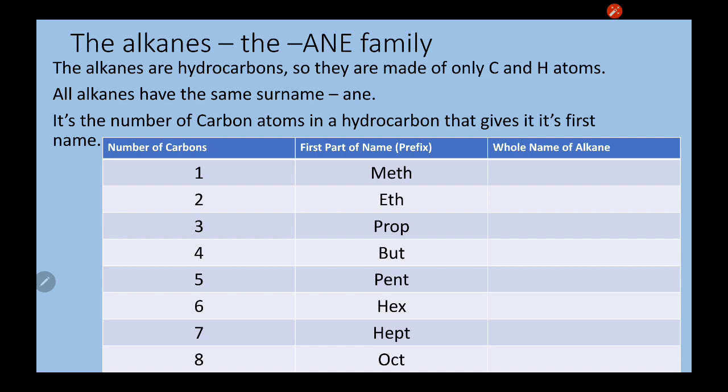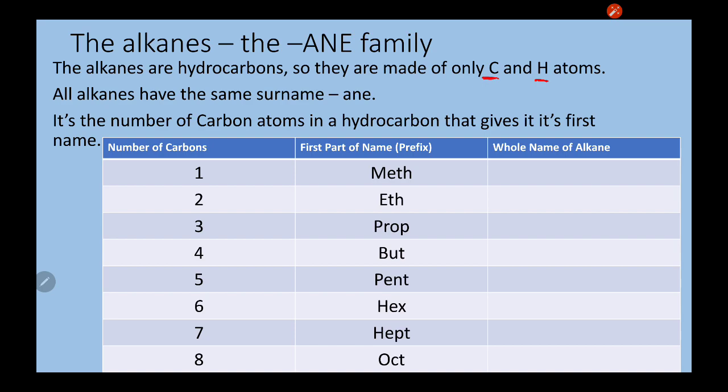Now, we're going to carry this family analogy moving forward while we're talking about the naming just now, because the alkanes are hydrocarbons. That means that they're only made up of two types of element, carbon and hydrogen. Okay, and we talked about that about a minute ago.